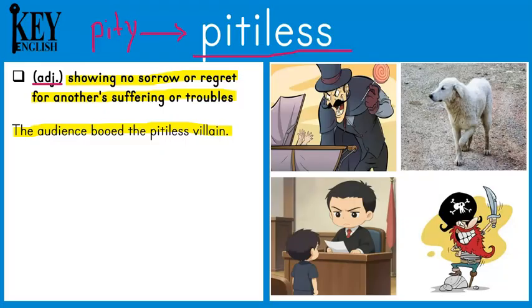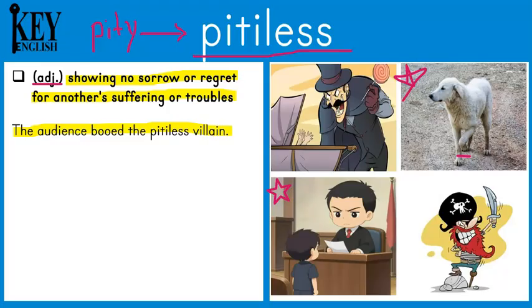Another example would be the pitiless hunter ignored the injured animal. So someone who ignores animals who are injured can be described as being pitiless because they're not showing any sorrow for the animal's pain.